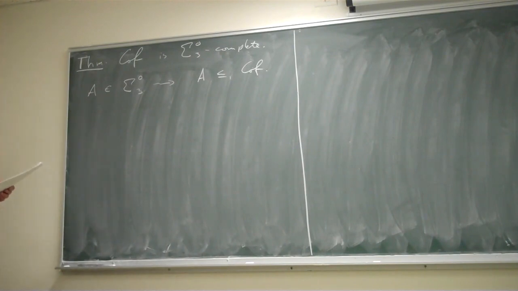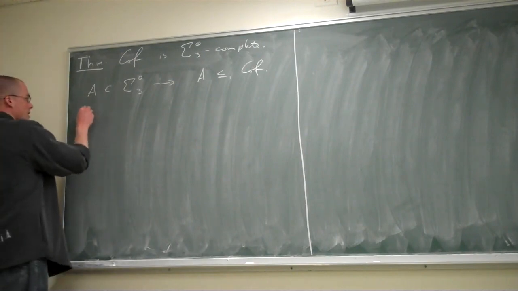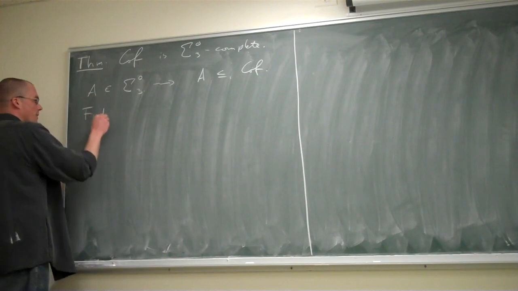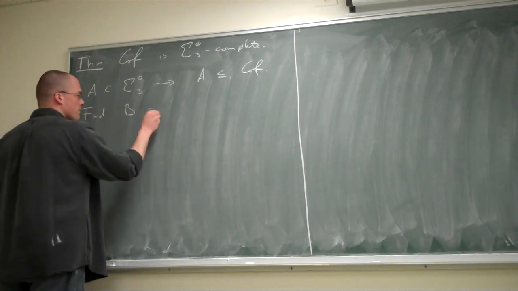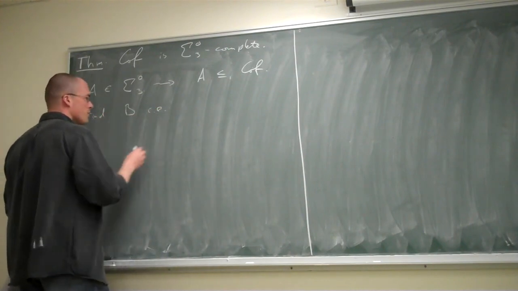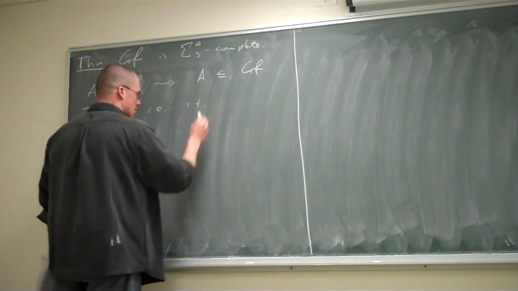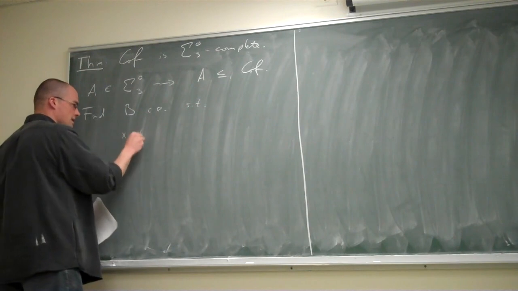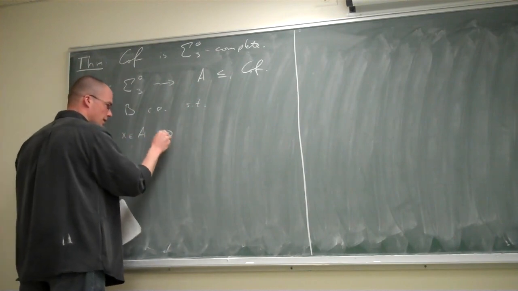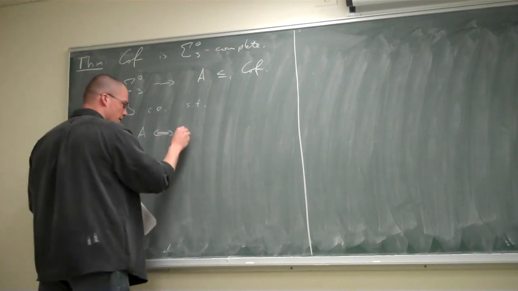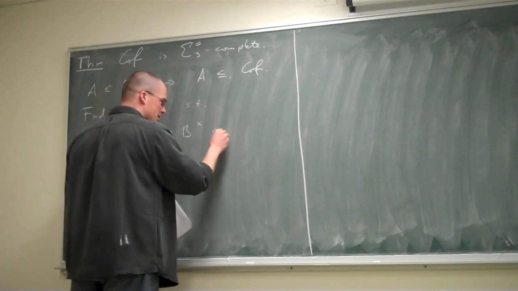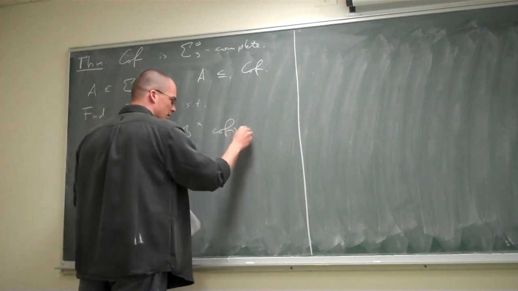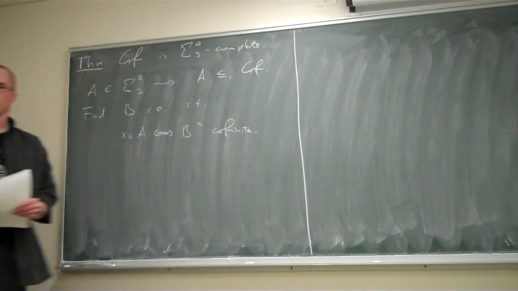And I already described the global strategy. The global strategy was to find a B which is computably enumerable, such that x is in A if and only if B super x is cofinite.